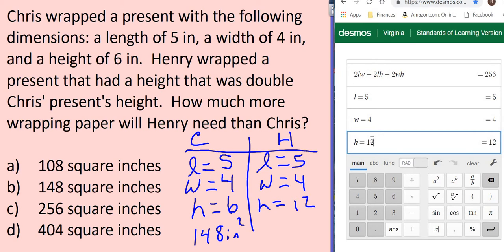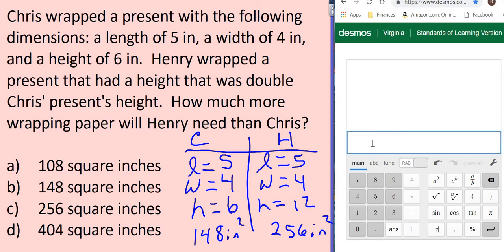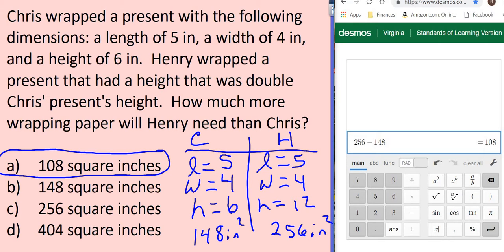The magic of Desmos calculators, let me tell you. 256 inches squared, and they want to know how much more Henry needed than Chris. So let's just put in Henry, 256 minus 148, and that means Henry needed 108 square inches more.